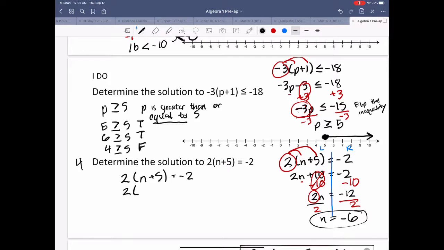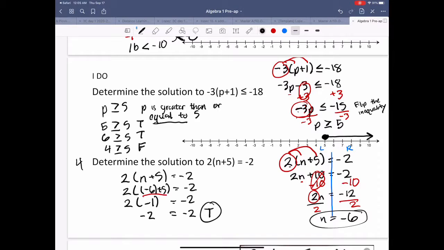So 2 times the quantity negative 6 plus 5 is equal to negative 2. Now negative 6 plus 5 gives you negative 1. 2 times negative 1 gives me negative 2, which is equal to negative 2. So that is true, which means we did it correctly.